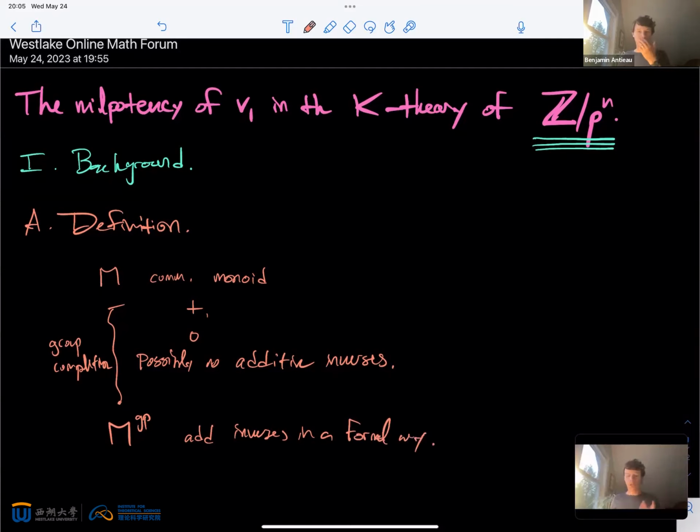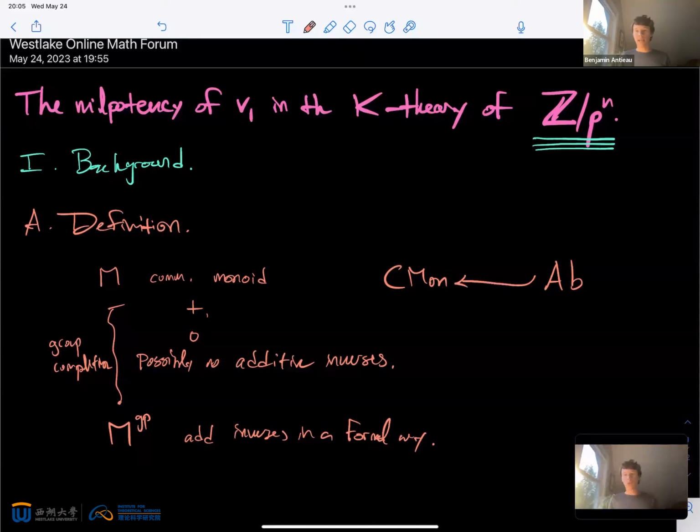I'm an algebraist and a category theorist, so one way I like to think about this is that I have the category of abelian groups and the category of commutative monoids, and there's a forgetful functor.